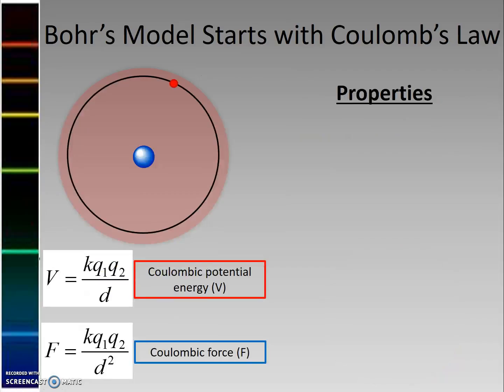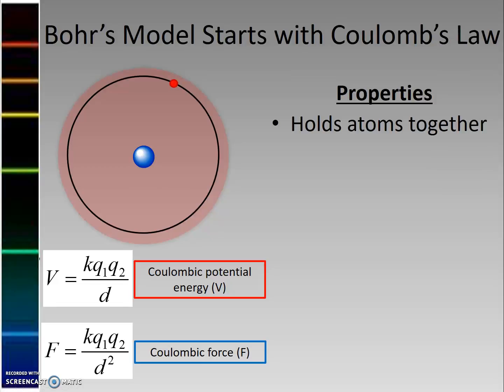The first assumption that Bohr made was that he was going to start with Coulomb's law, which describes Coulombic potential energy. I have a positively charged nucleus and negatively charged electrons on the outside. We're just going to talk about one proton and one electron right now because that makes it simple. I could also estimate the amount of force involved, and that force is what's keeping the electron and the proton bound to each other.